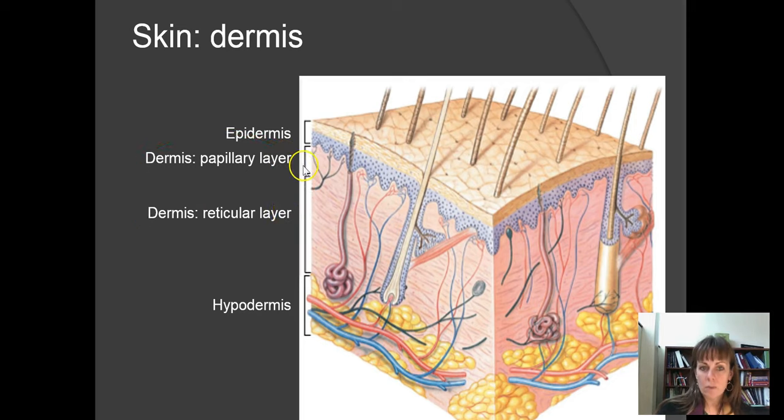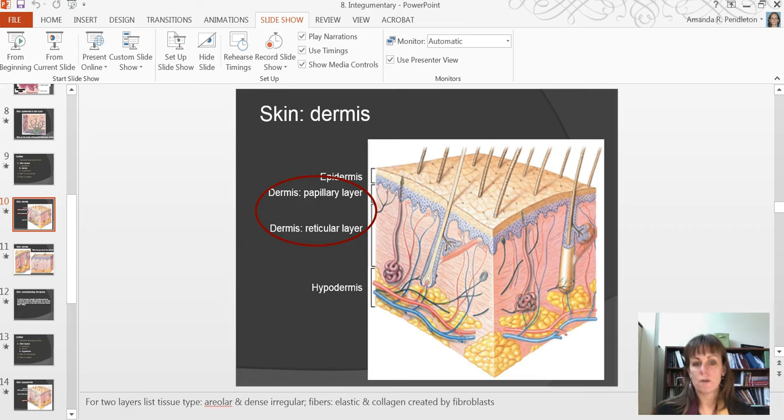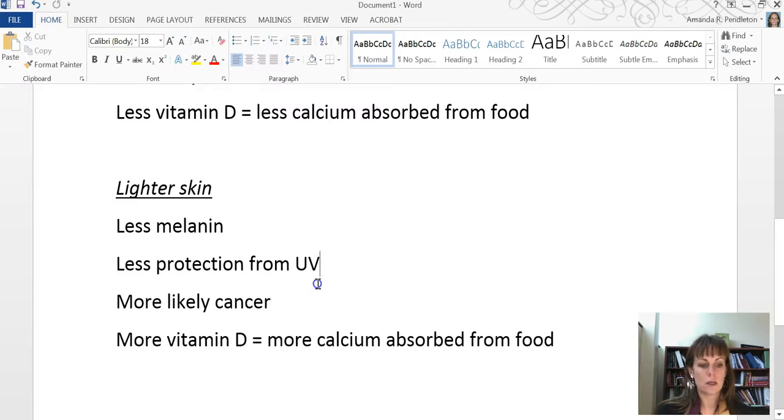Now, one thing I want to point out is that on the epidermis side, you have these little ups and downs. So if you're on the epidermal side, that's called an epidermal ridge.